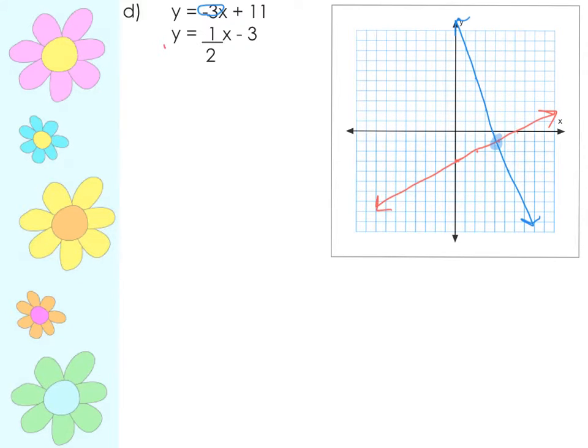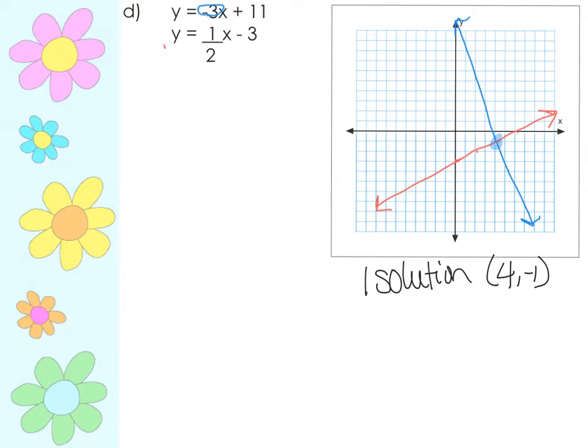So because they intersect, this means that there is one solution, and it looks like that ordered pair is 4, -1. Again, that looks like where it intersected on the graph.